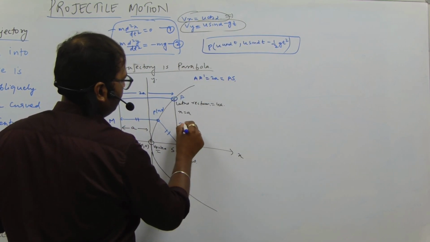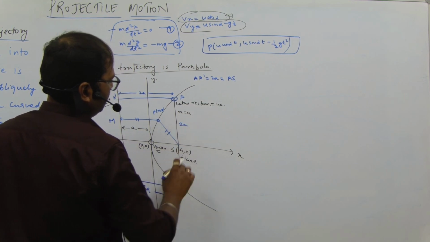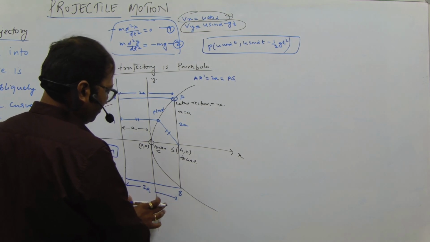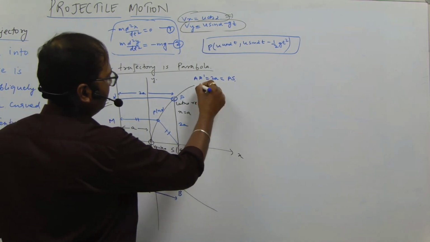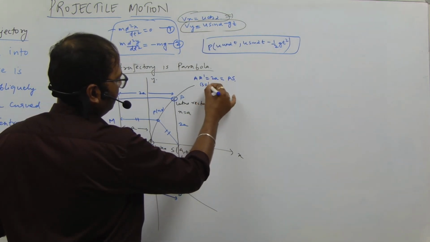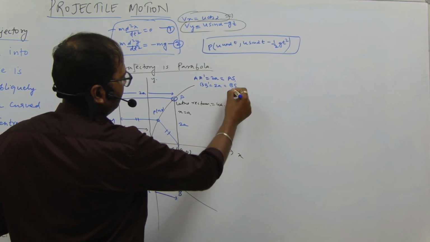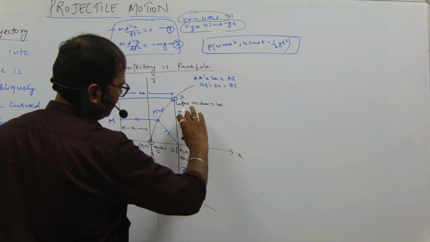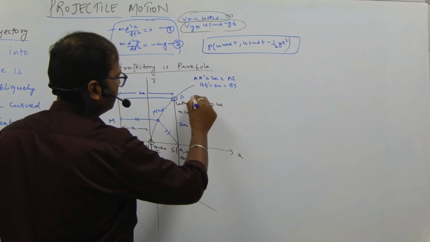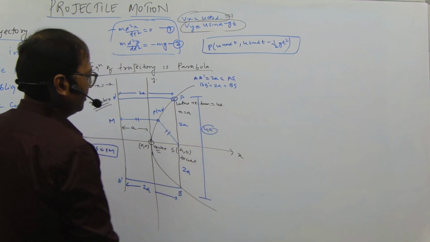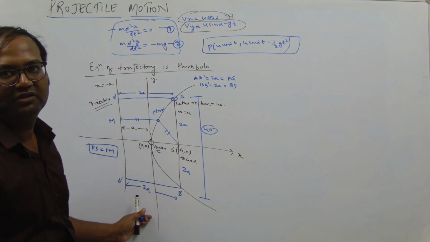So this whole distance will be 2a. Now BB dash is equal to 2a, which is equal to this distance, BS. So this is 2a and this is 2a, so the whole distance is 4a.